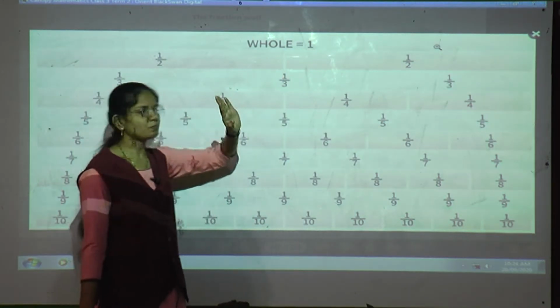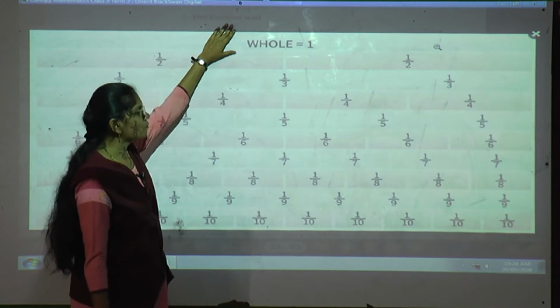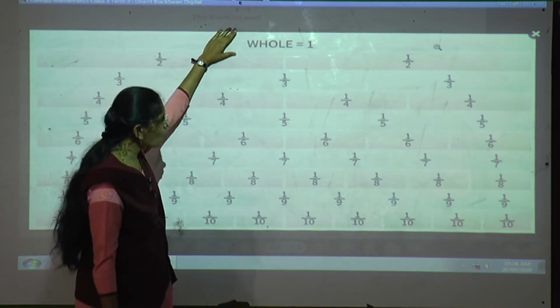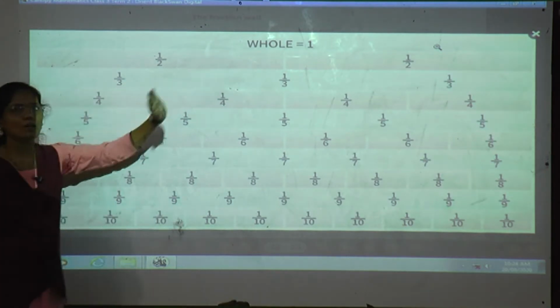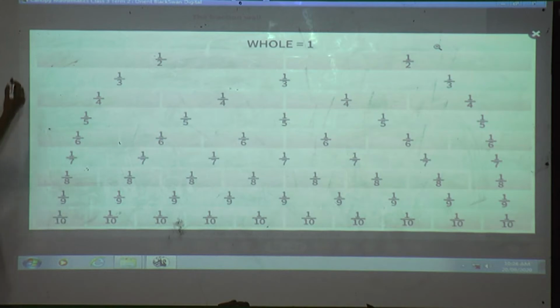But suppose we divide this whole into 3 equal parts. Here I will give numbers. This is the first row, this is second, this is third row, this is fourth, fifth, sixth, seventh, 8th, 9th and this is 10th.